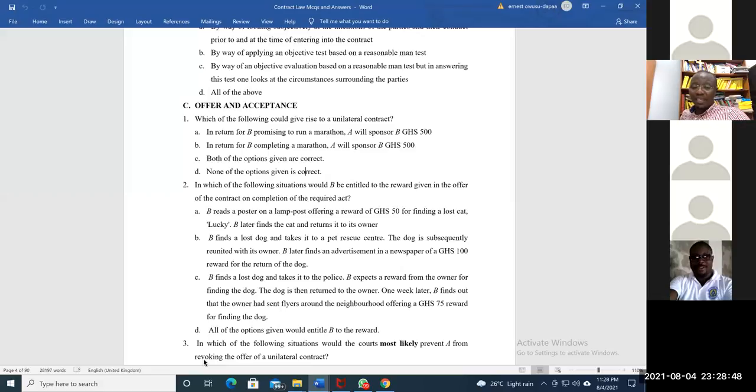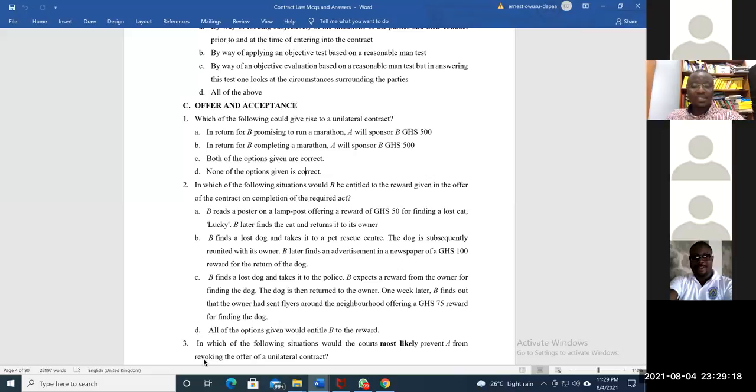If we look at B, what is happening is that B had done the required act before he became aware of the promised reward. And is he entitled to it? Yes, some authority says that insofar as you have done the required act, it does not matter that you were ignorant of it when you did it.